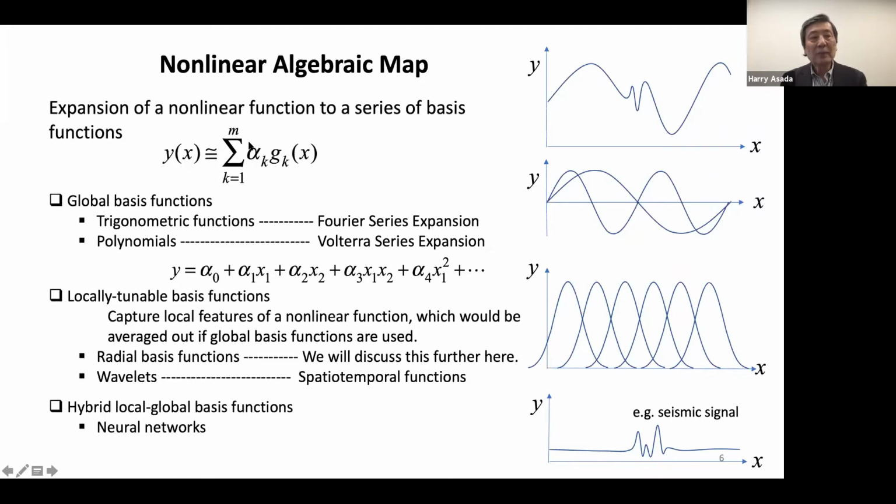With the proper number of basis functions, and tuning the weight parameters alpha_k properly, we can approximate the given nonlinear function y of x. This is not surprising because of the Fourier series expansion. If you use sine and cosine functions for this g_k, that's nothing but the Fourier series expansion.